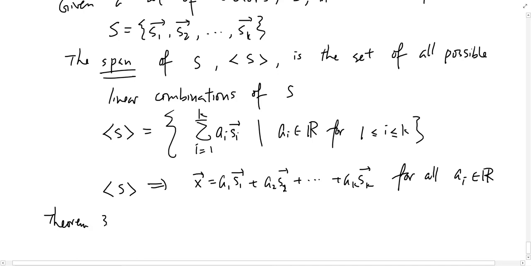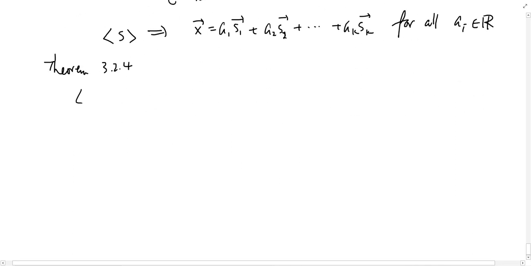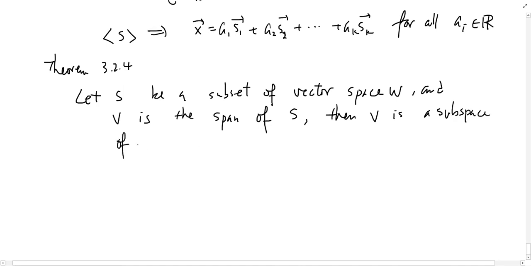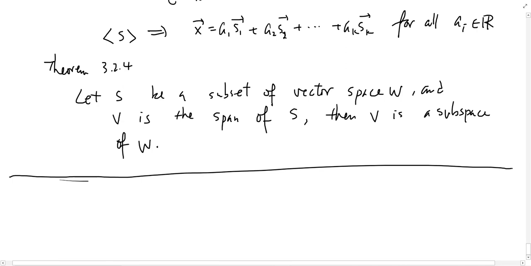Theorem 3.2.4, which states the following: let S be a subset of vector space W, and let's say V is the span of S. Then what we know is that V is a subspace of W. Now that might seem a little hard to understand, so let me show you an example to illustrate the concept.